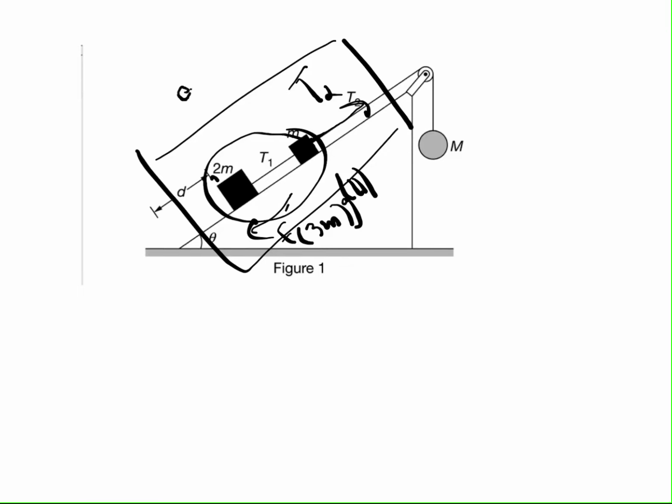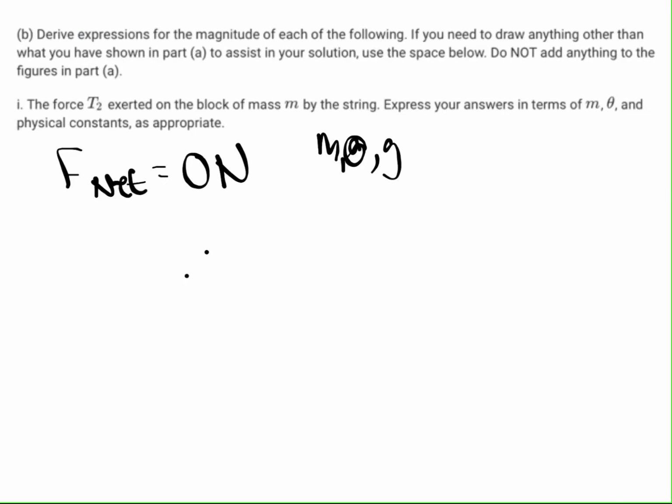The net force is still 0, so the acceleration is 0. When I create my net force equation, letting up the hill be the positive direction, T2 minus 3m, all 3m of that mass, times g.